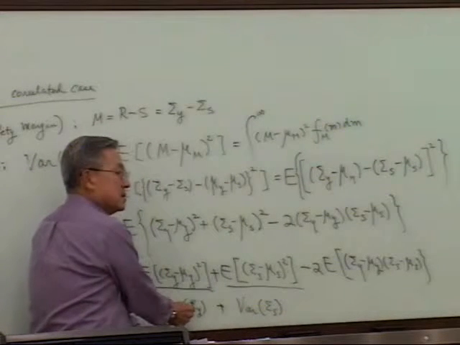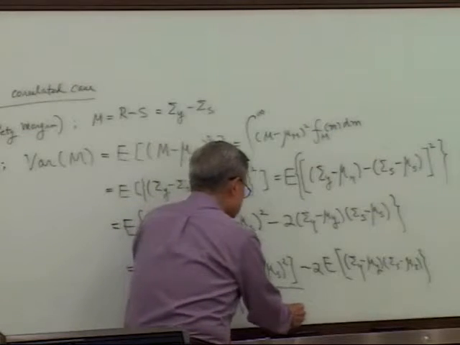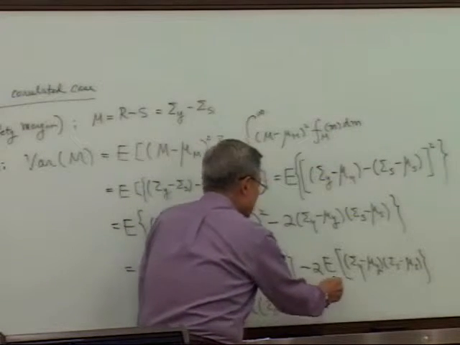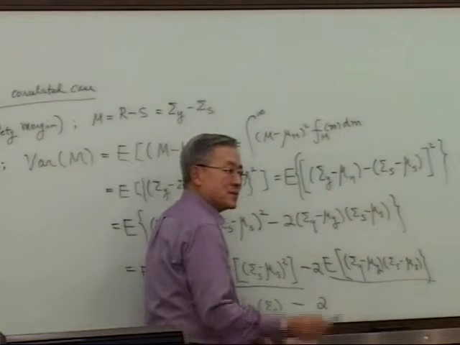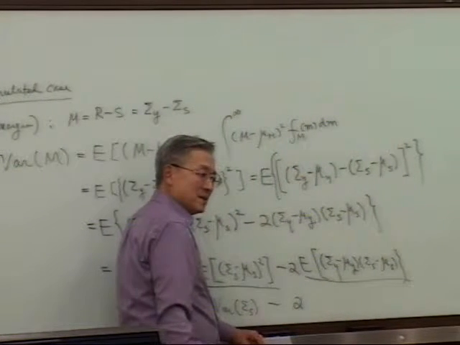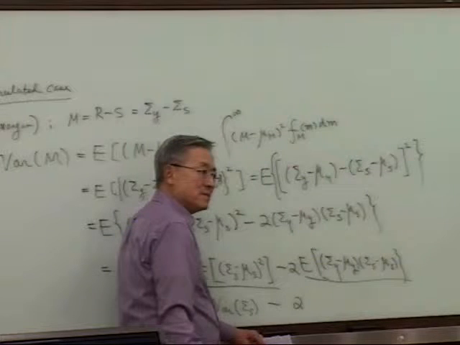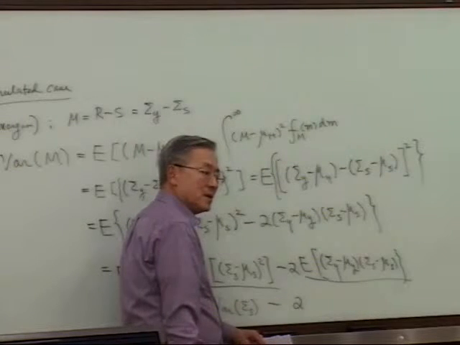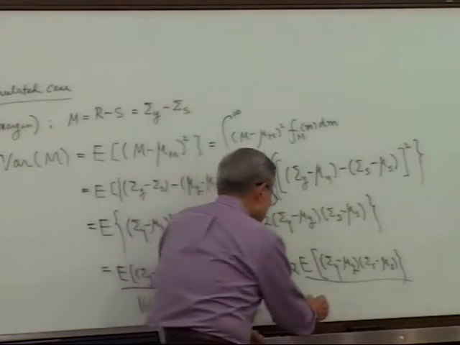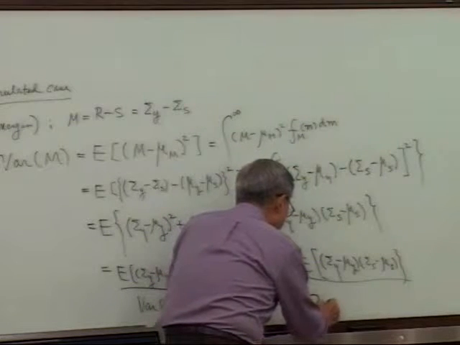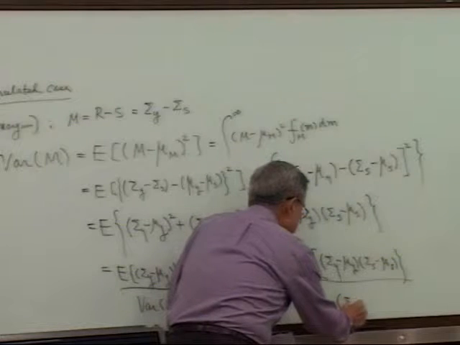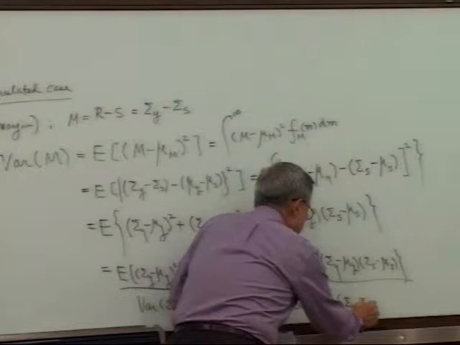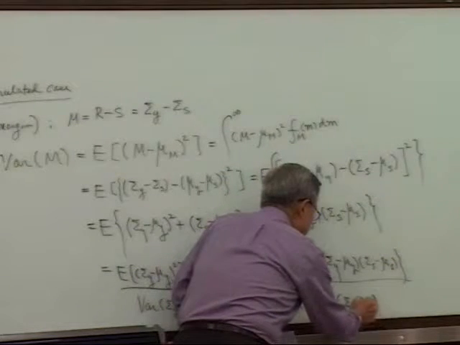This is the yield and the stress. Minus 2, what do you call this? It's called covariance, the covariance of sigma y and sigma s.